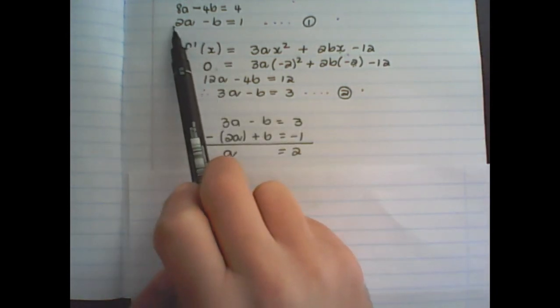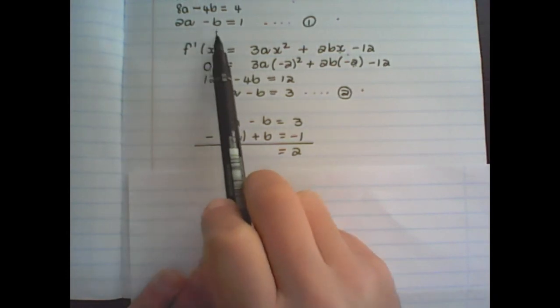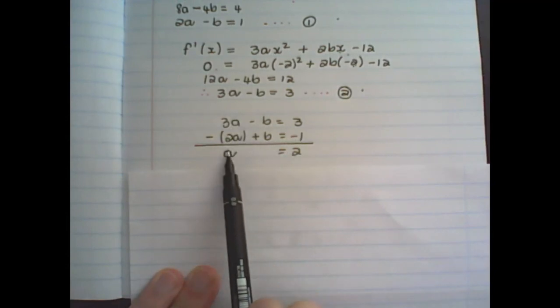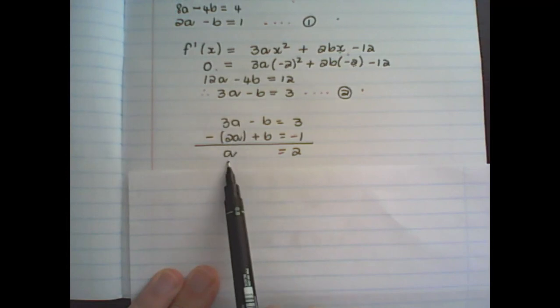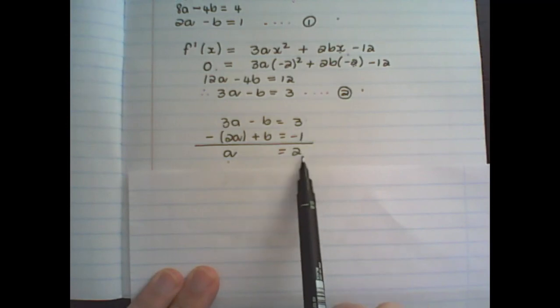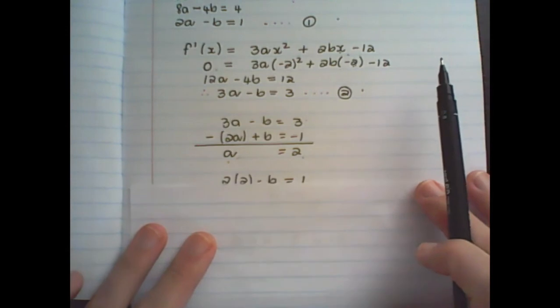And I changed the sign of the first equation, so I made it -2a plus b equals -1. Then I added these two together. So 3a minus 2a is equal to a, minus b plus b is nothing, and 3 minus 1 is equal to 2. So therefore a is equal to 2.